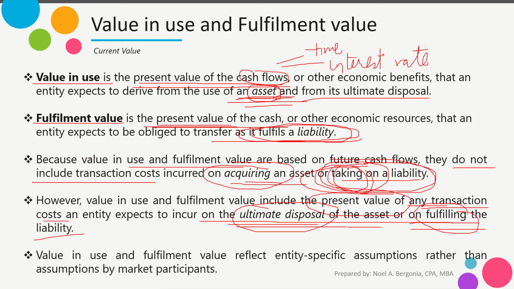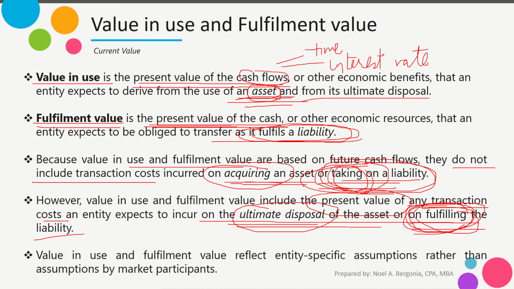Samantalang, sa liability for fulfillment value, okay, it is the present value of cash flow for the liability. It does not include the transaction costs when taking the liability, but it will include transaction costs on fulfilling the liability. Okay?